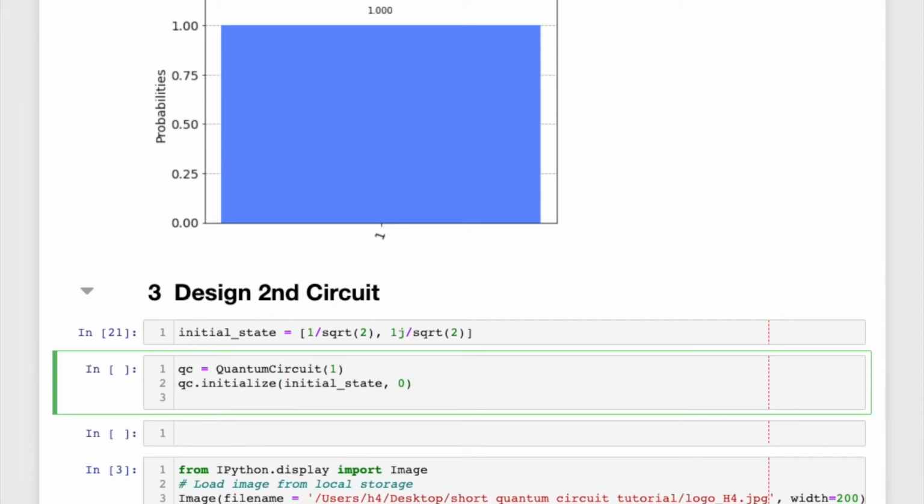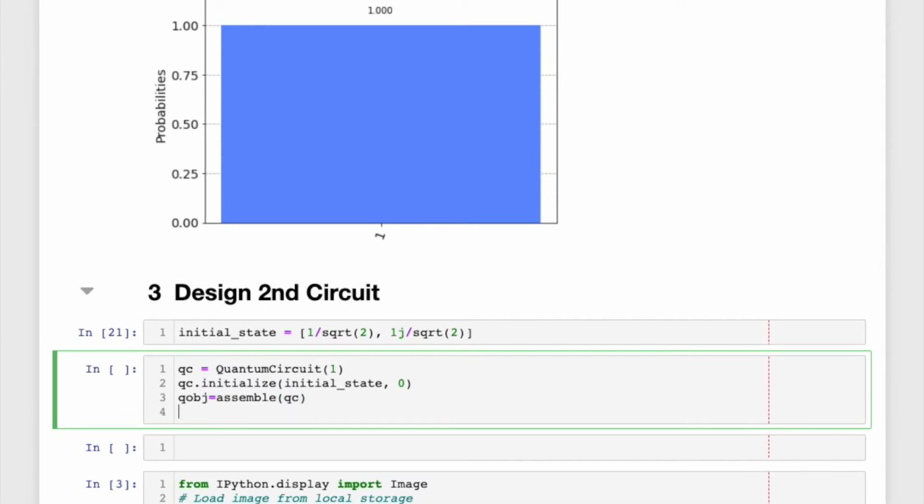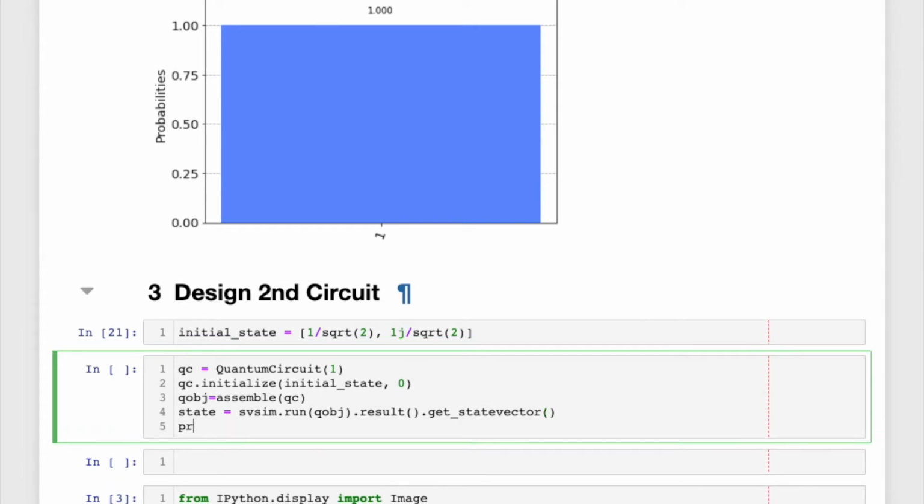So we put together the circuit object, tell it to run and execute the state vector calculation, and then we print the state.